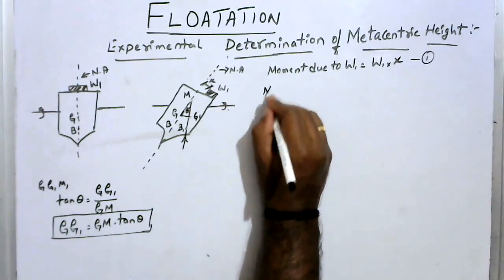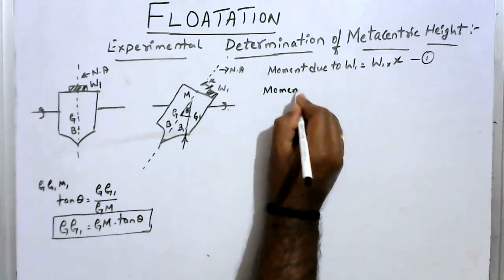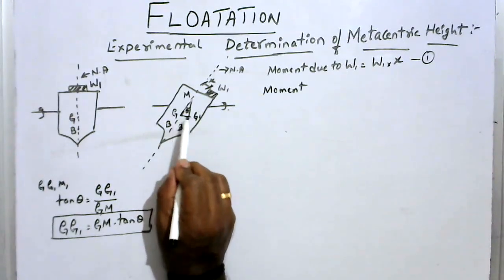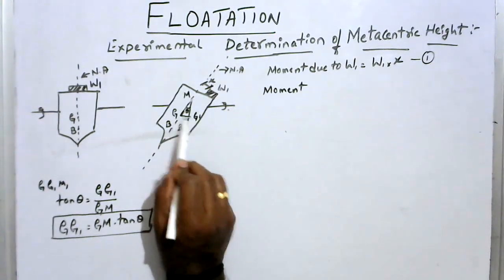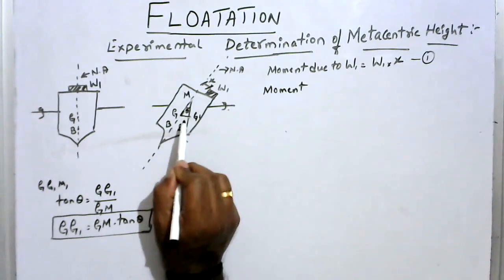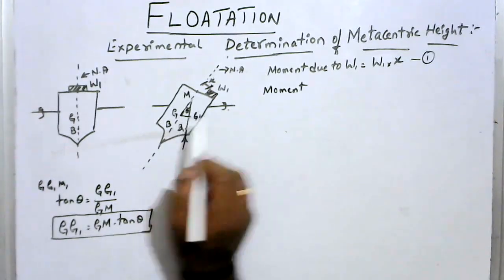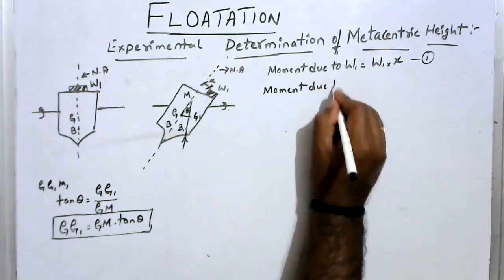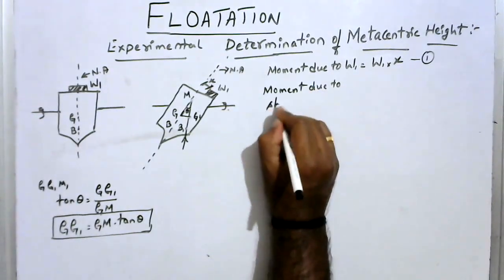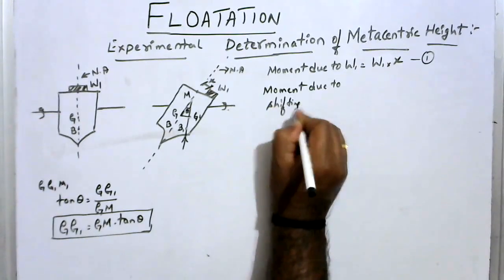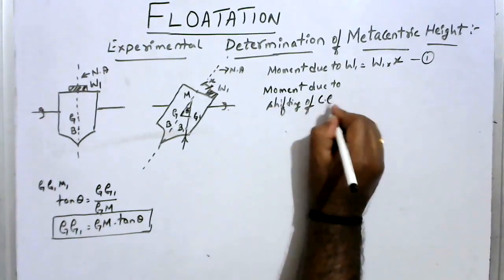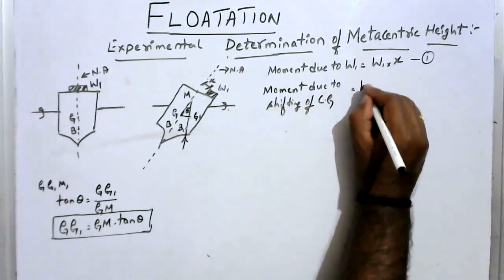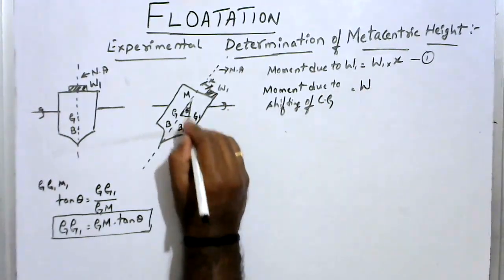Now, one more moment will be developed. That moment will be developed due to the shifting of the center of gravity from the point G to G1. So one more moment will be developed because of the shifting of the center of gravity, that is, the moment due to shifting of CG, which is given by the weight of the body, because the weight also changes here.